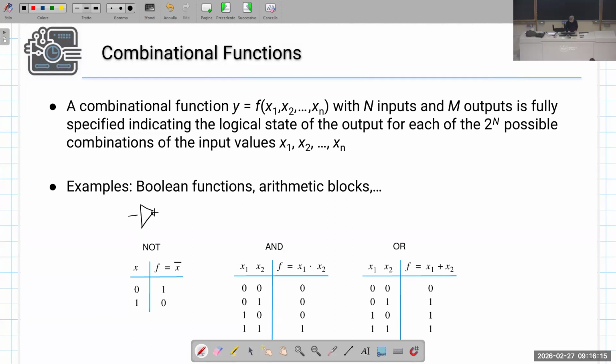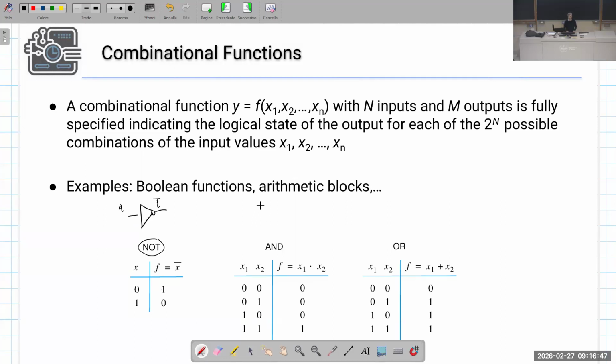This function x, not x, is the one depicted here, by specifying the value of the output, not x, for each possible value of the input. In this case, for the input equal to 0, the output is equal to 1. For the input equal to 1, the output is equal to 0. This fully specifies this combinational function, which is called the NOT function, a single-input combinational function.